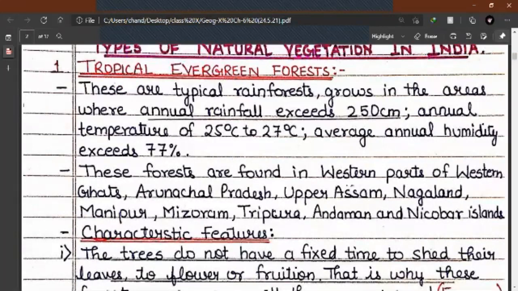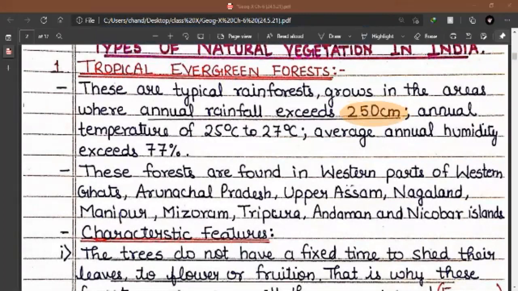These are typical rainforests grown in the areas where annual rainfall exceeds 250 centimeters, annual temperature of 25 degrees Celsius to 27 degrees Celsius, and average annual humidity exceeds 77%.